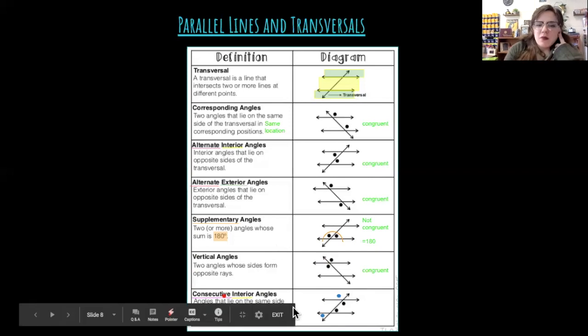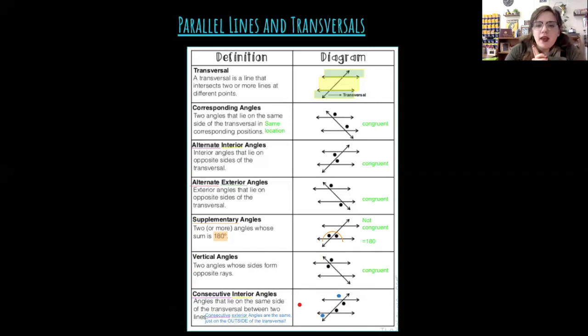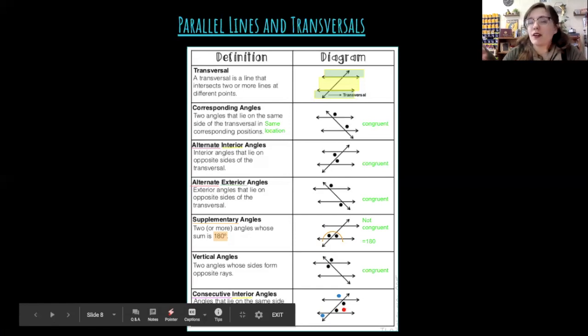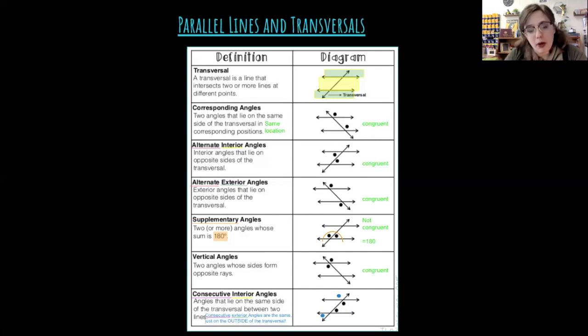Our last one, but really should be two, but they didn't split them up that way, are consecutive interior and consecutive exterior angles. Consecutive means same side of the transversal. So consecutive interior angles are both on the right, and they are inside the parallel lines.